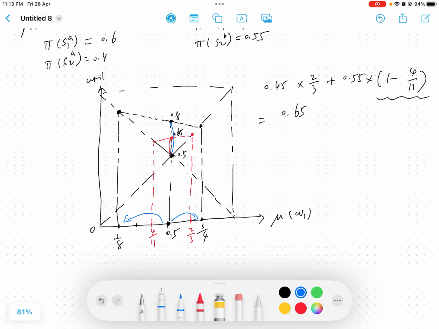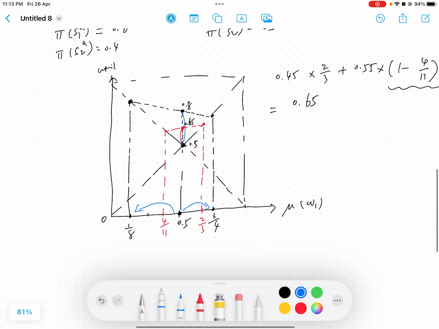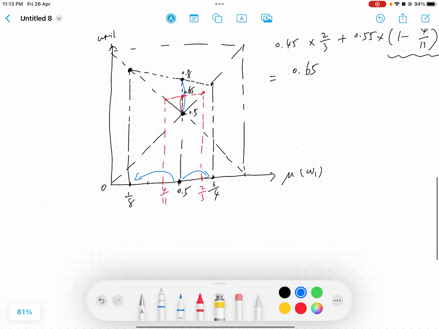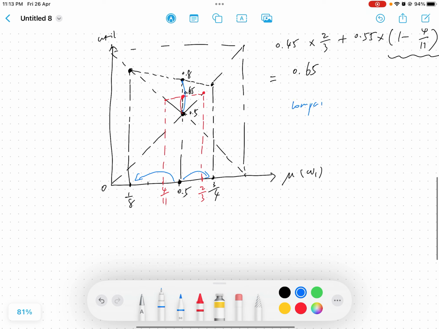Pi a has a higher value than pi b. So in terms of the expected utilities, we can now use this to help us compare two different signals.